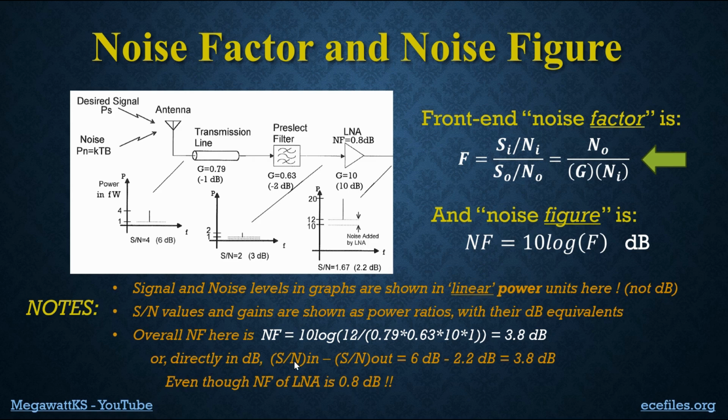Or directly in terms of dB, we have the signal-to-noise ratio at the input here, minus the signal-to-noise ratio at the output here, and that's 6 dB minus the 2.2 dB at the output, and it's the same number, of course. Even though the noise figure of this wonderful LNA that we bought is only 0.8 dB.